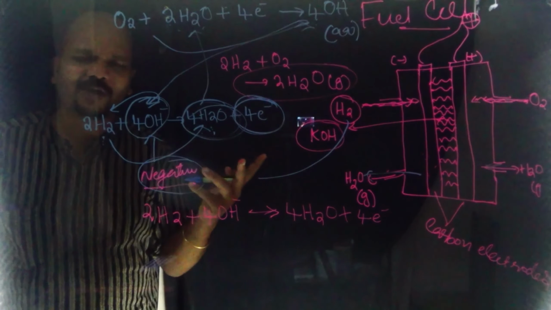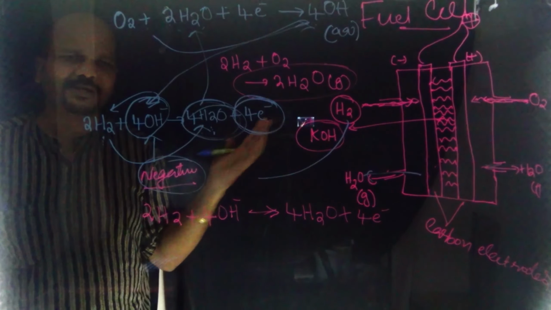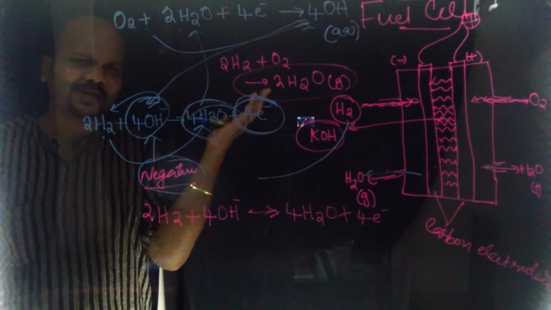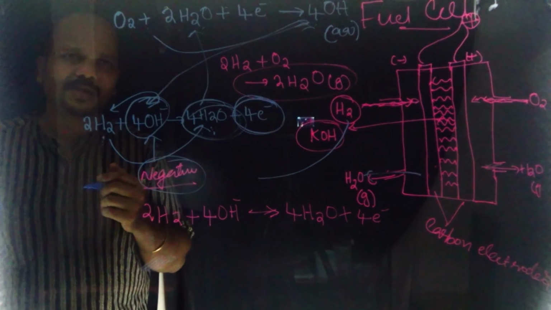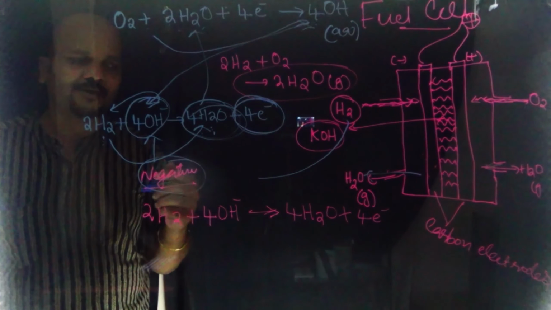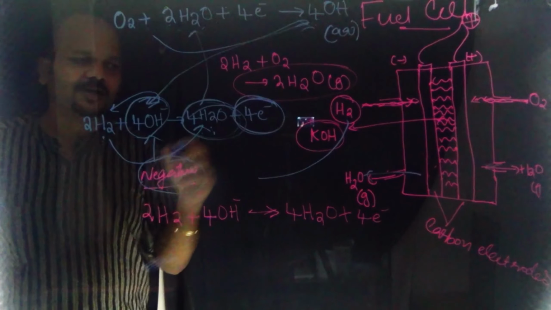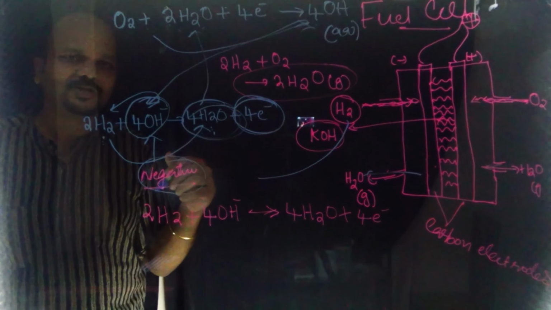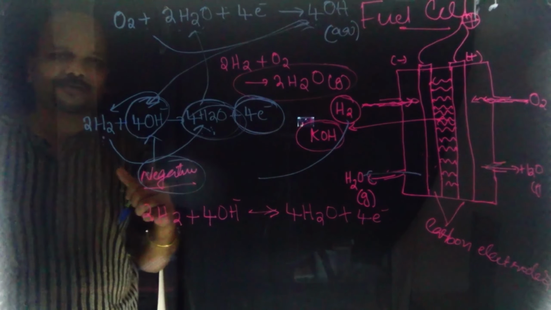So water is very plentiful. There are oceans, there are rivers. Water is actually 3 by 4th, a major share of our earth is filled with water. Let's see how the reaction is, let's see how the oxygen and hydrogen are coming. Okay.